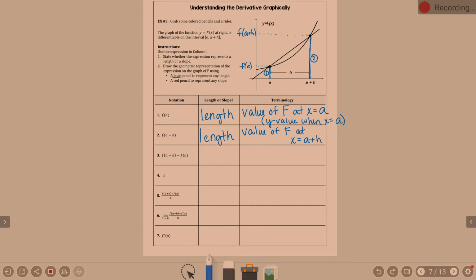We could do it either over here in the terms, or we can look over here on the graph, but we have this height here and this height here. This is the height of f of a, this is the height of f of a plus h, so the difference between them is that distance there. Which here I get to legitimately use a 3, because we're on question number 3. So this again is a length.